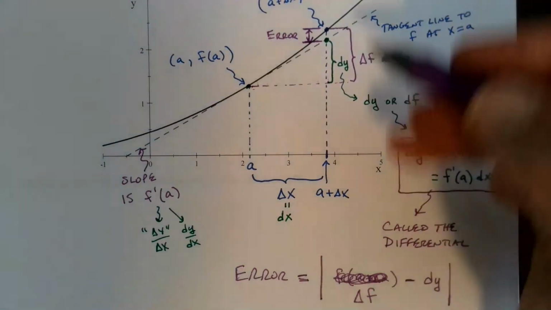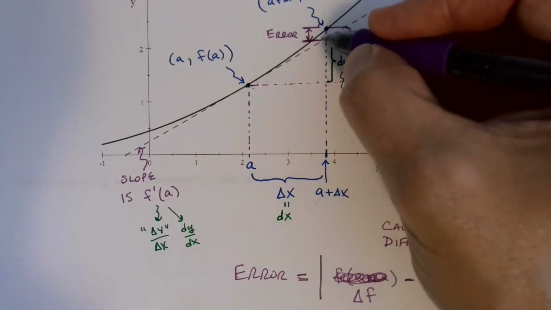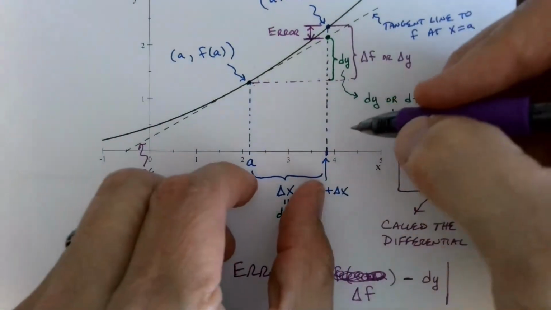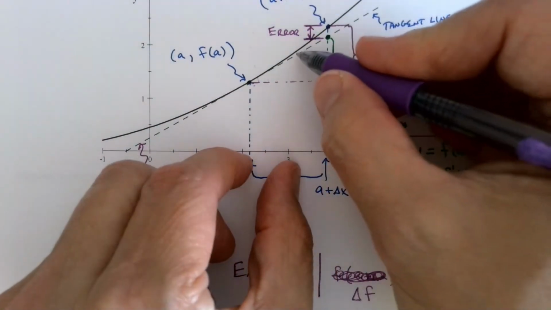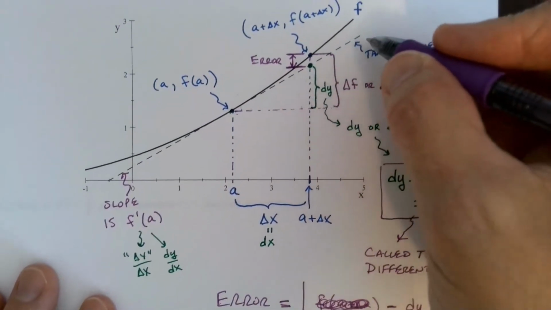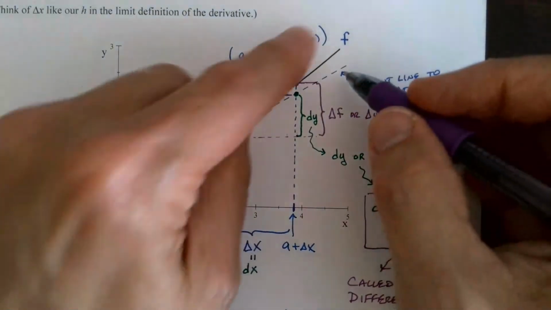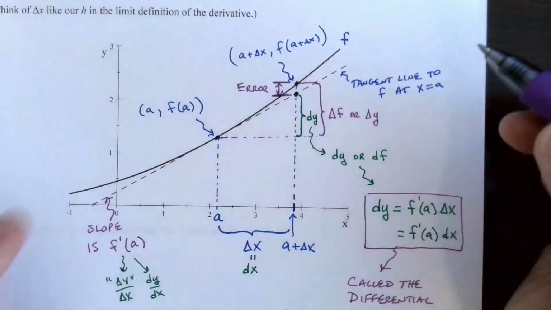So this linear approximation is good. You can see that the error between these two points is pretty small, especially as delta x gets smaller and smaller. Now the difference gets really bad as we continue to move out. If this function continues to move, then that error gets bigger and bigger.